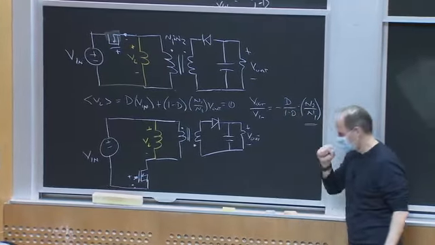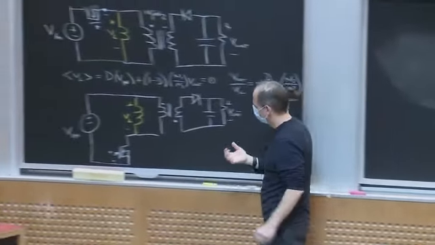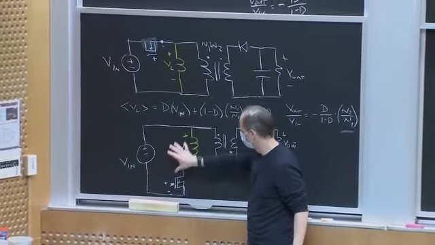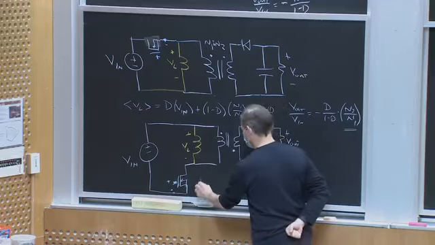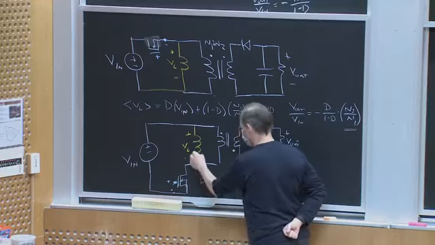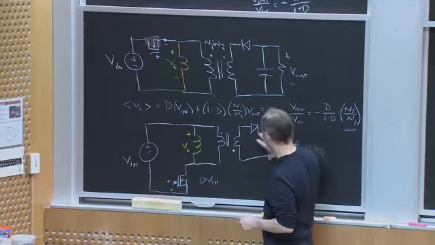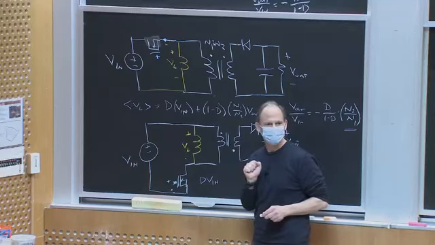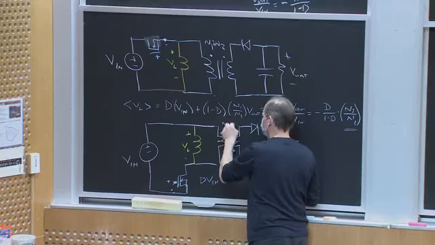Okay, so what does that do for me? Well, in the first part of the cycle, I put V in across the input. So I get D V in across the inductor. And when the diode's on, now I'm applying minus V out, scaled by N1 over N2, right?